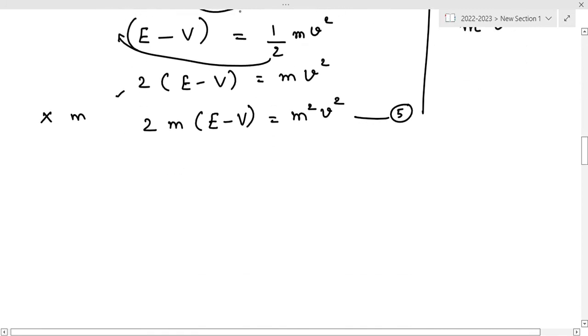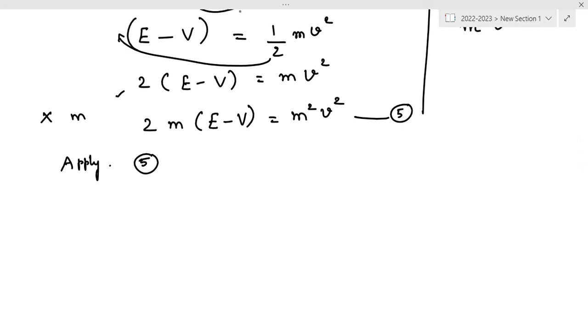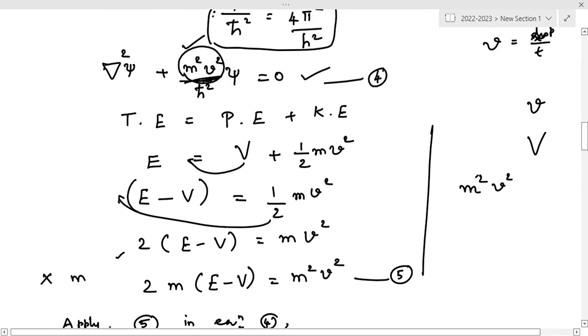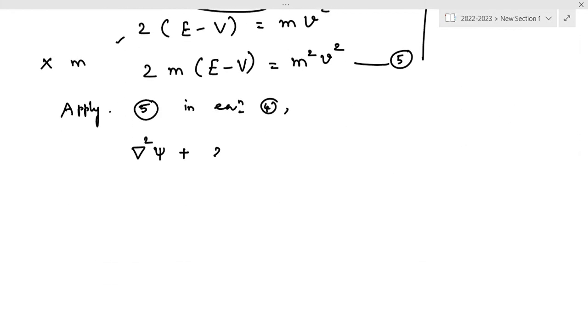So applying equation 5 in equation 4, we get del square psi plus m square v square should be replaced by 2m (E minus v) divided by h cross square psi is equal to 0. So this is equation number 6.